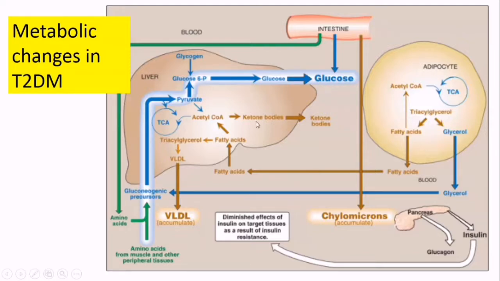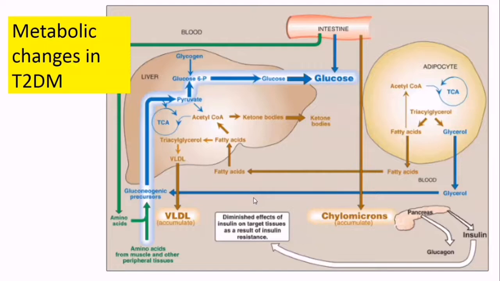And the important one which you have to observe is, because there is a presence of some quantities of insulin, this restrains the excess production of ketone bodies. So there is relatively low production of ketone bodies when compared to type 1 diabetes.